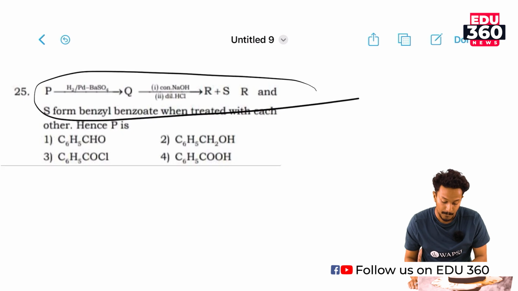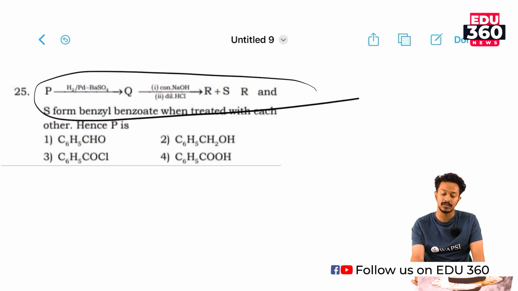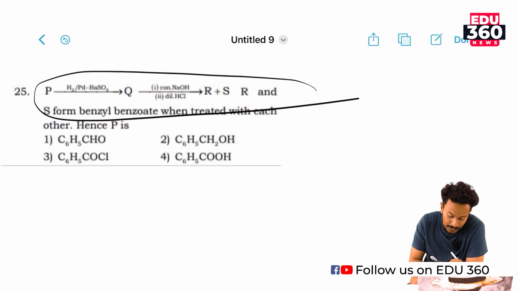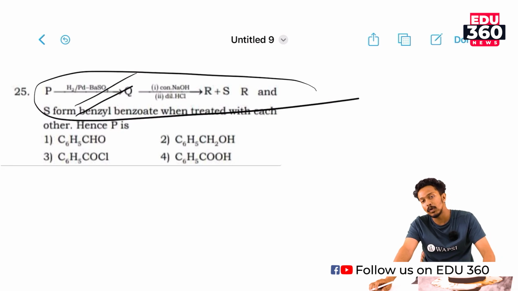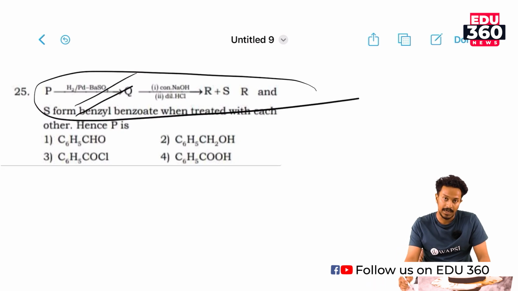Benzyl benzoate is irrelevant to the present reaction. When treated with a palladium barium sulfate catalyst, this is nothing but the Rosenmund reduction reaction, which we studied earlier. When an acyl chloride is treated with hydrogen over palladium and barium sulfate, it reduces to form an aldehyde. So P might be an acyl chloride.